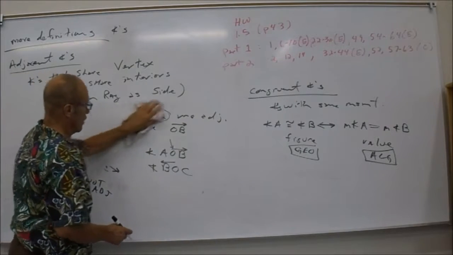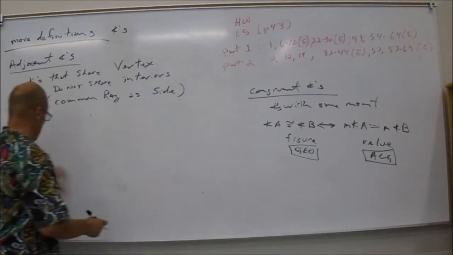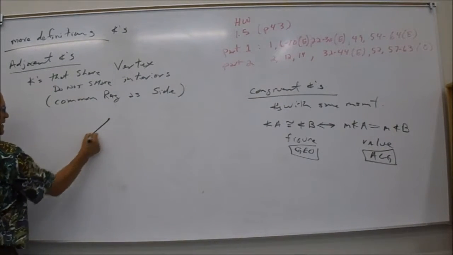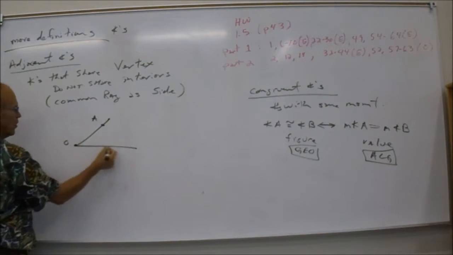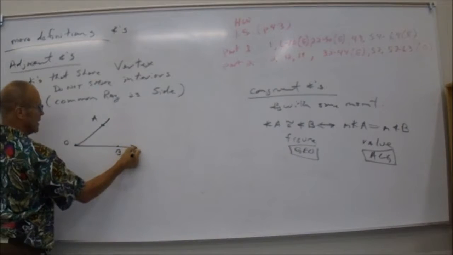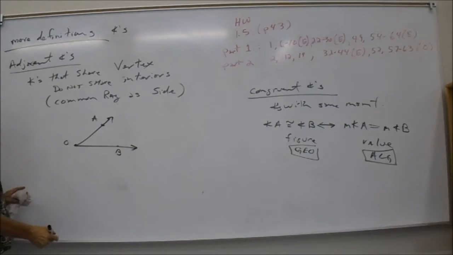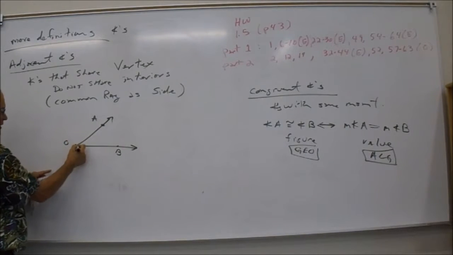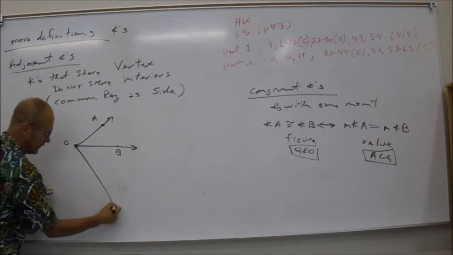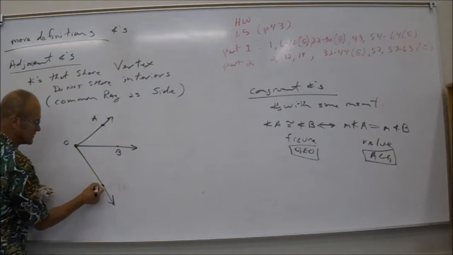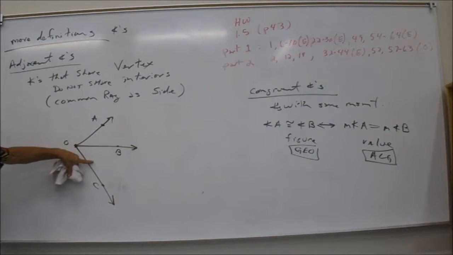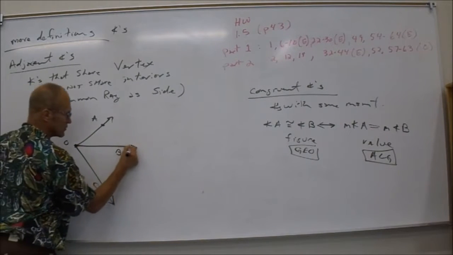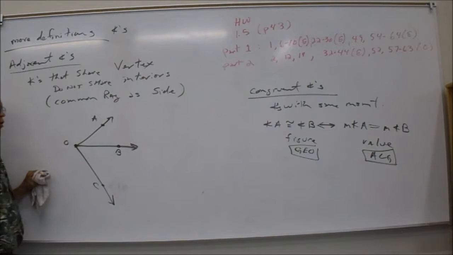So let me redraw this. If you take this angle right here, AOB, there's one angle. If I take something from the O and come off of it like this, you can see now that this top angle and this bottom angle share this ray OB.